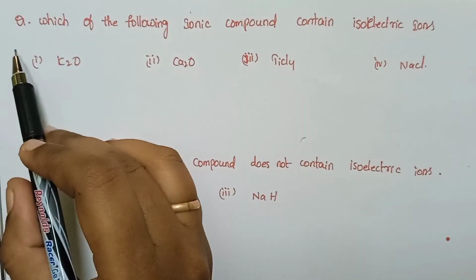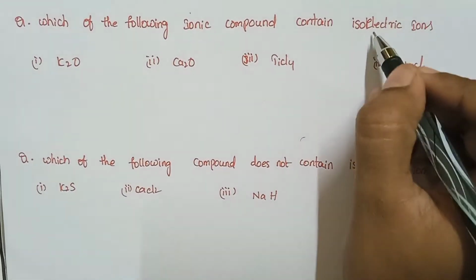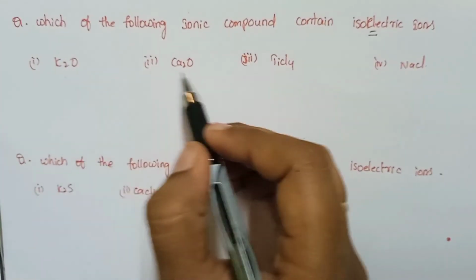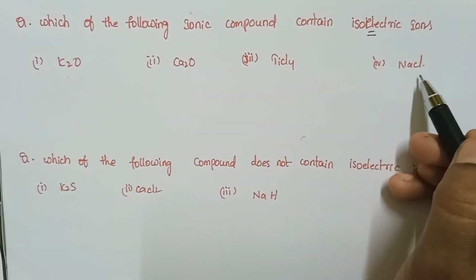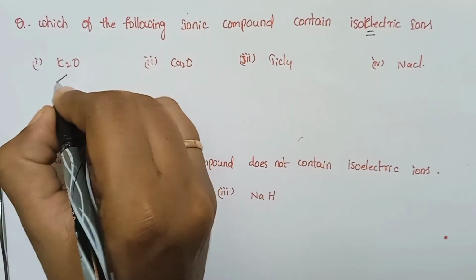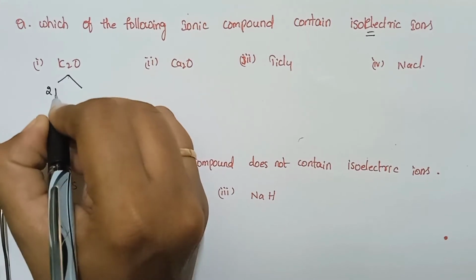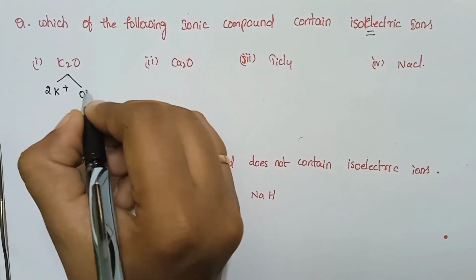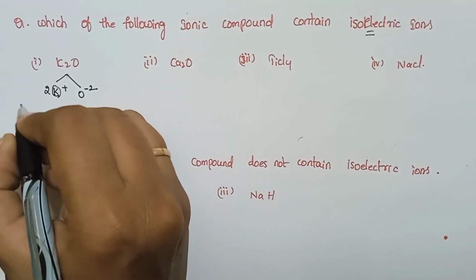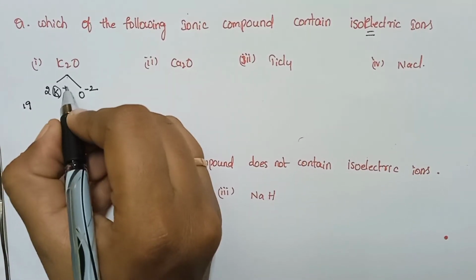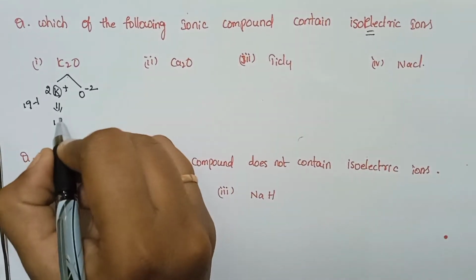In the first example, which of the following ionic compounds contain isoelectronic ions? The options: K2O, CaO, TiCl4 and NaCl. So K2O forms 2K plus and O 2 minus. Potassium atomic number 19, plus 1 means removal of 1 electron, so 18 electrons.